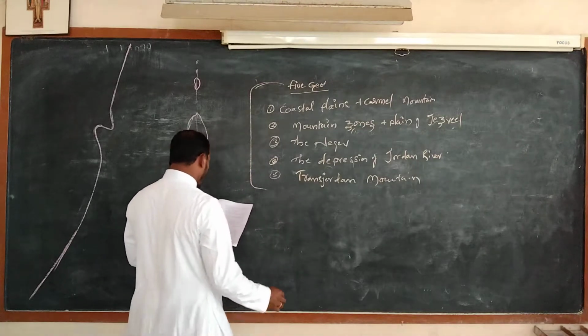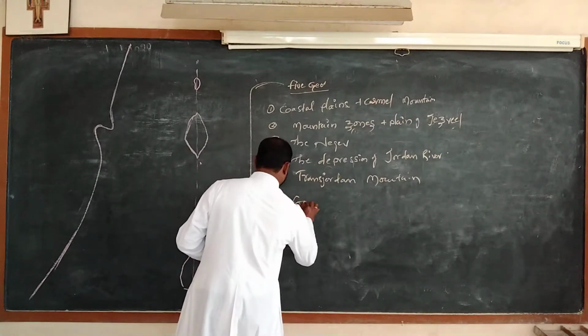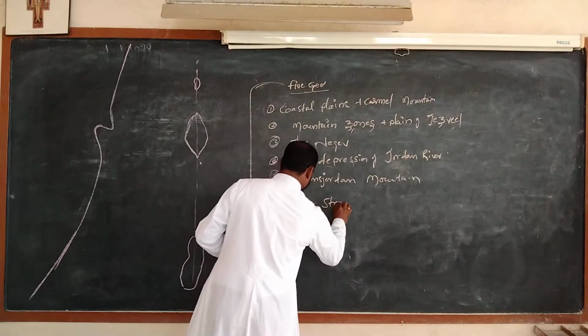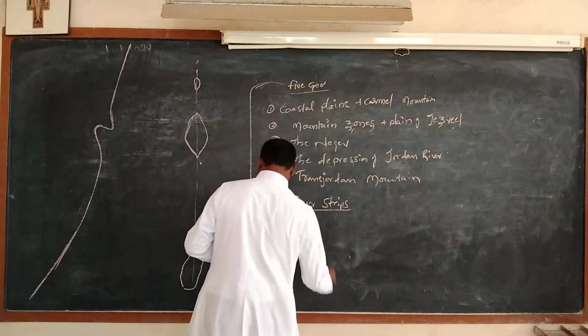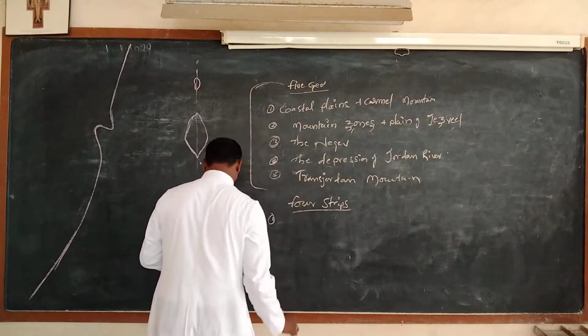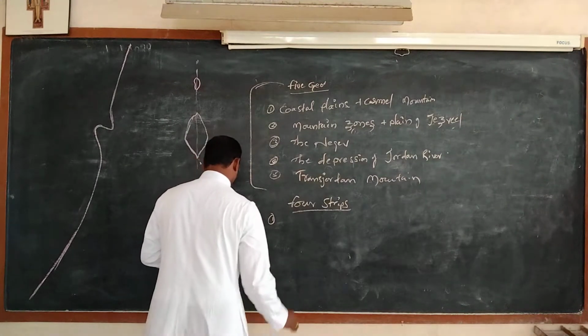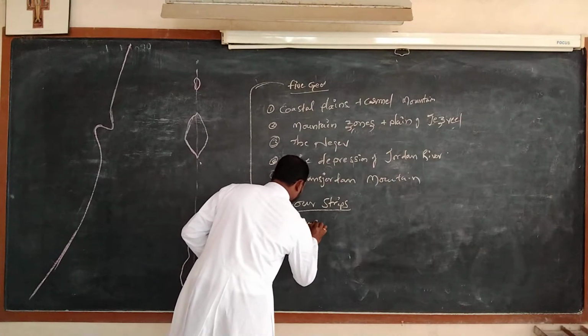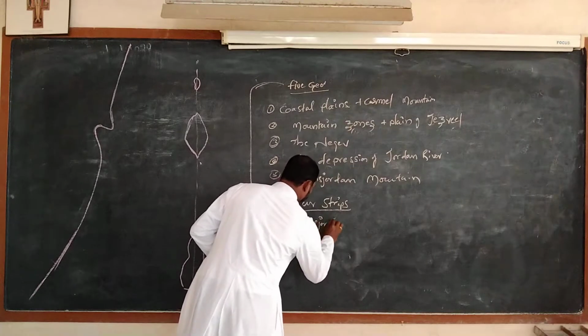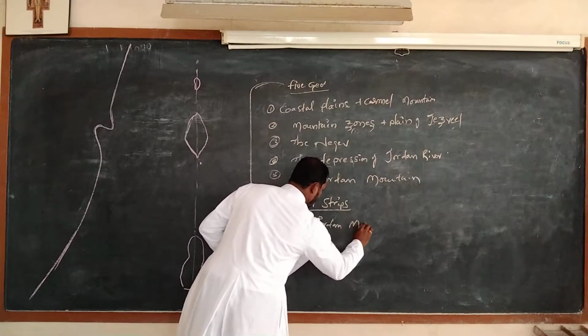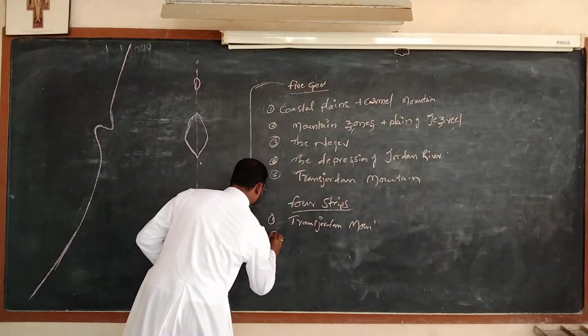And some divide basing on 4 strips, such as Transjordan mountains.